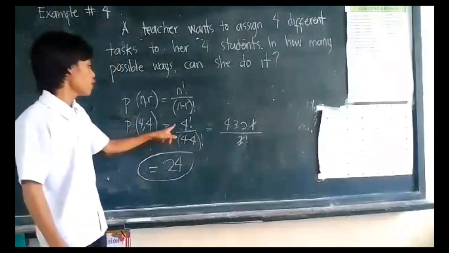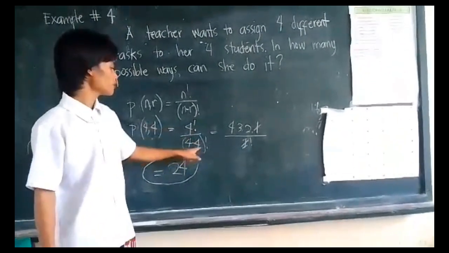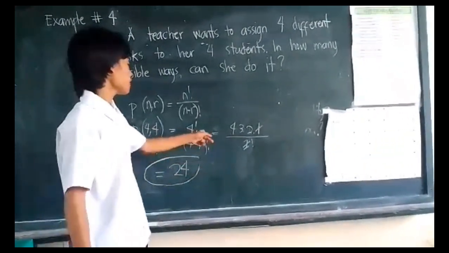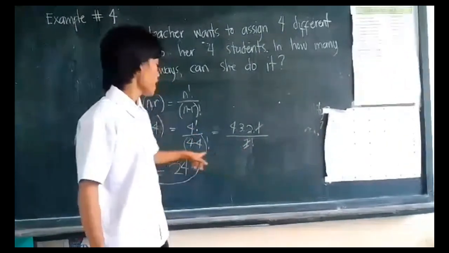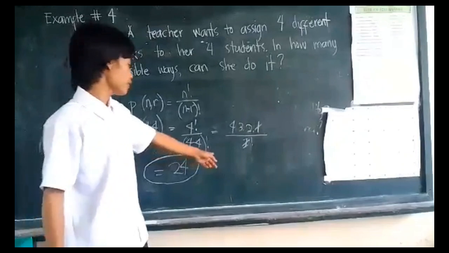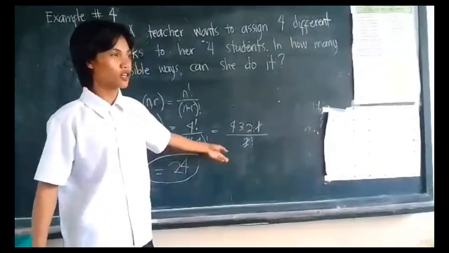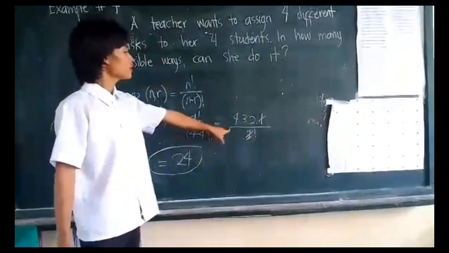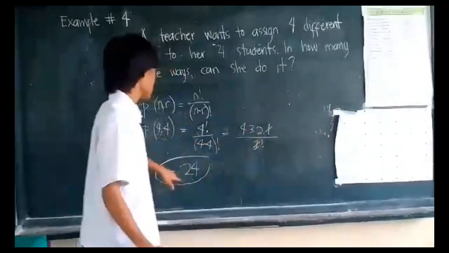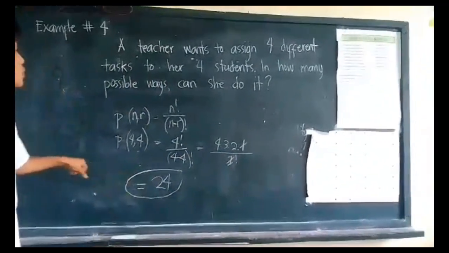It is equal to 4 factorial over 4 minus 4 factorial. 4 factorial is 4 times 3 times 2 times 1. 4 minus 4 is equal to 0, and 0 factorial is equal to 1. So eliminate the 1. 4 times 3 times 2 is equal to 24. So there are 24 possible ways.